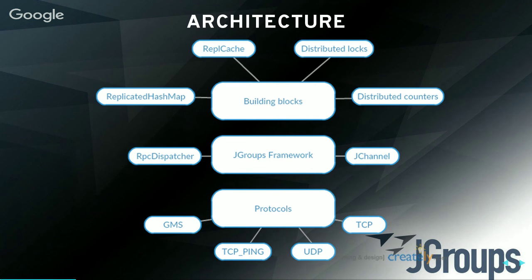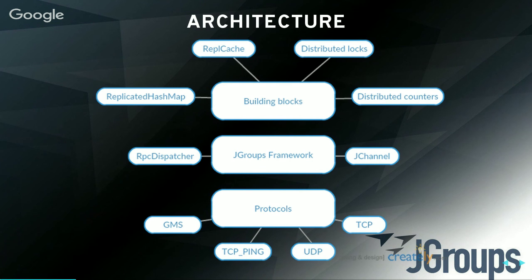This is the most powerful thing in JGroups: the protocols. The JGroups framework itself basically consists of two APIs. The first one is JChannel. This is the thing that you obtain when connecting to the cluster. And you also have the RPC dispatcher. We'll take a look at those a little bit later with some code examples.